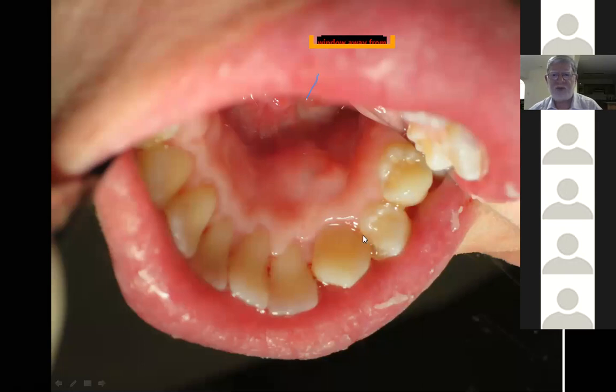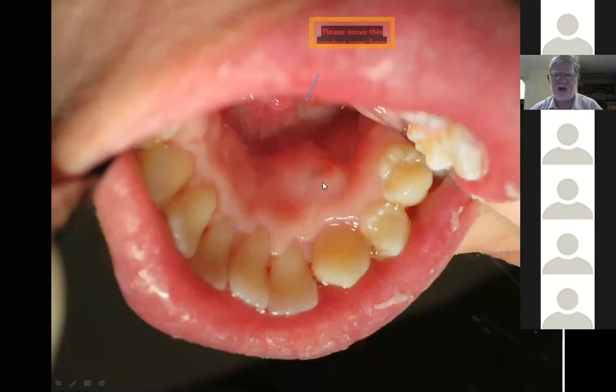A young patient, this might have been about 9 months ago. A regular patient of mine, a regular attender. We noticed this swelling. We'd never seen this before in his mouth.